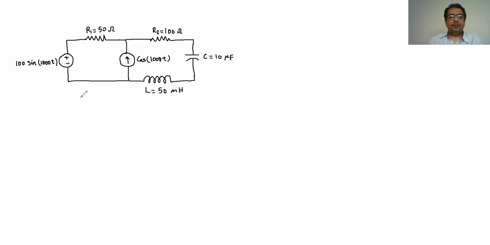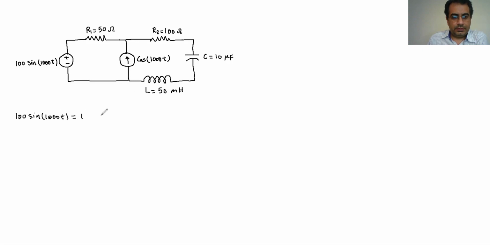So assume we have this circuit and we want to use the mesh current method to analyze it. First of all, we have to convert the sources to phasor. The first one that I have is 100 sine 1000t, so I have to convert it to cosine.